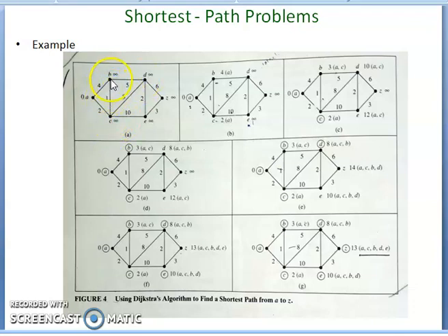These edge labels indicate the distance. Initially the length of the source vertex is 0, and the remaining vertices' length is infinity. Whenever you are at the source A, you find the minimum edge weight to move towards Z.